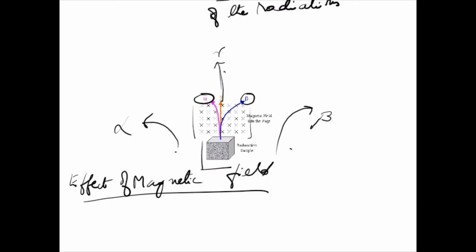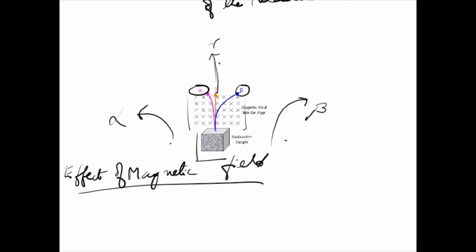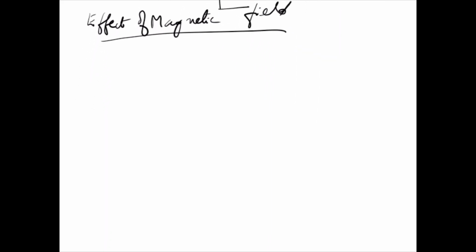Similarly, the radiations given out by the radioactive substance are subjected to an electric field, again in a direction perpendicular to their path. They again separate out into three constituent paths, as shown in this figure.